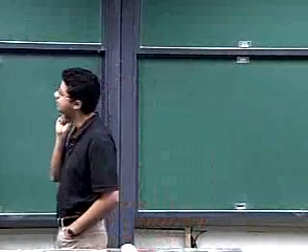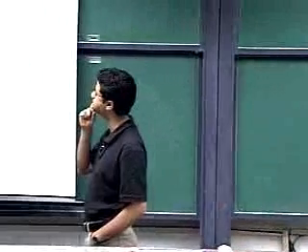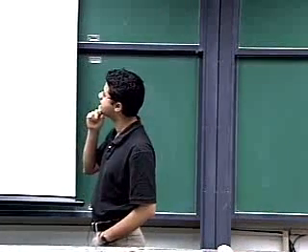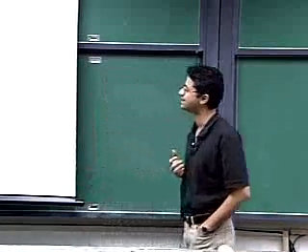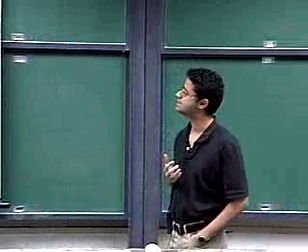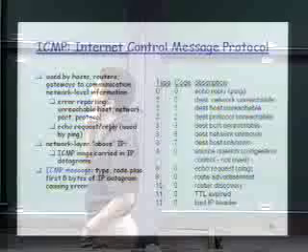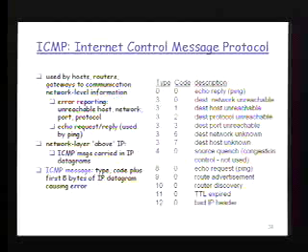Before we start that, I just wanted to mention this protocol, which also runs at the network layer, which is ICMP. This is the Internet Control Message Protocol, and it is used to exchange control information on the network, both by hosts as well as routers.